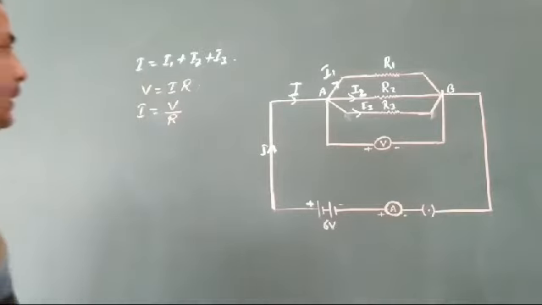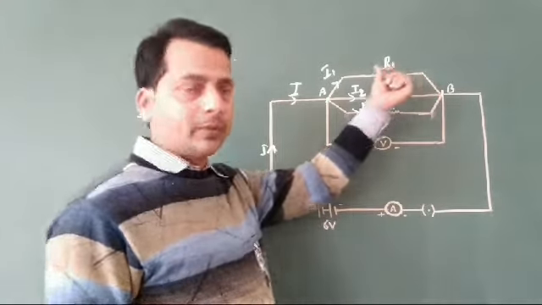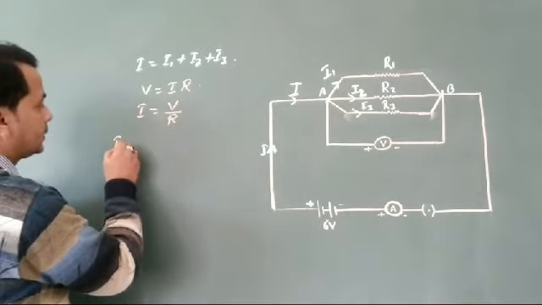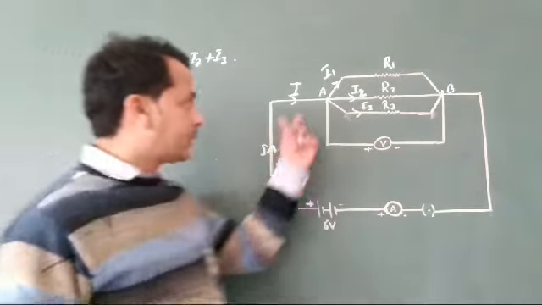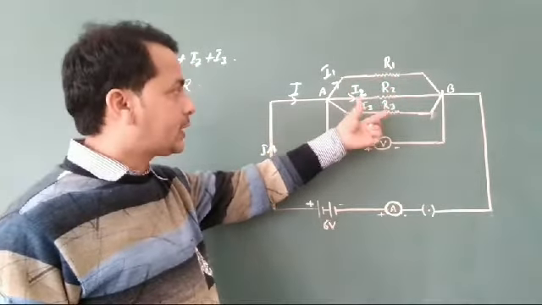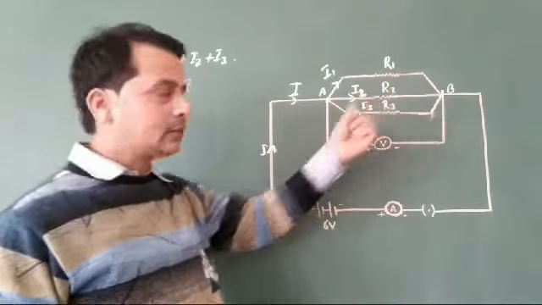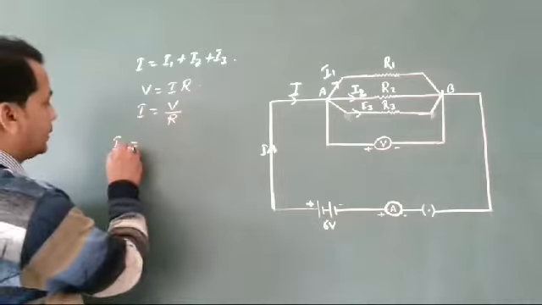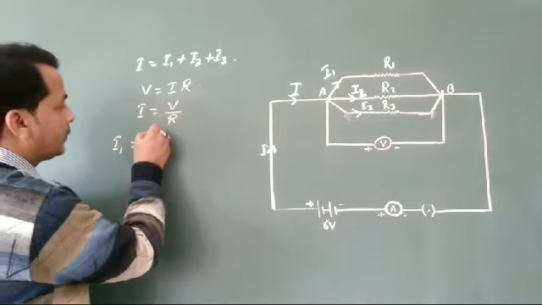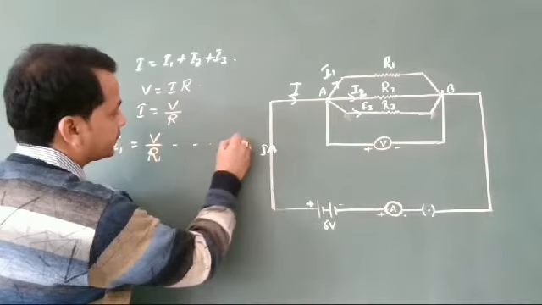The current I1 flows through the resistor R1. The potential difference will be the same in this circuit, because R1, R2 and R3 are in parallel combination. Then current I1 equals V by R1, that is the first equation.